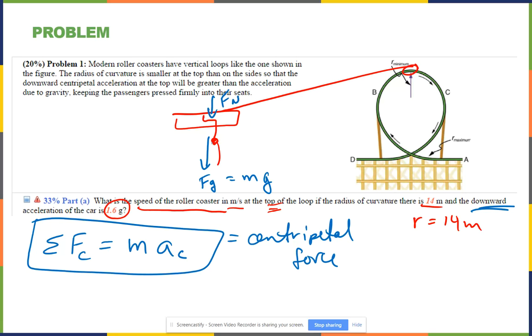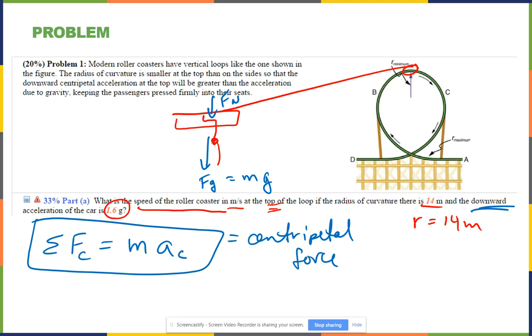So you can either say the sum of the forces toward the center or the mass times the centripetal acceleration. Either way, I'm fine. That's the centripetal force. But notice it was the sum of the forces toward the center. It wasn't a force. It was just adding up all that are present.